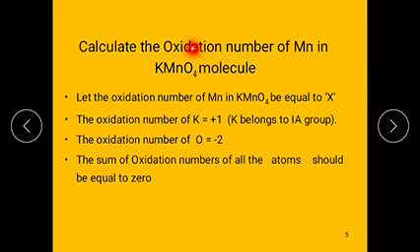Here this KMnO4 molecule is formed by three different elements: potassium, manganese and oxygen. The sum of the oxidation numbers of these elements must be equal to 0. Already it is a rule.